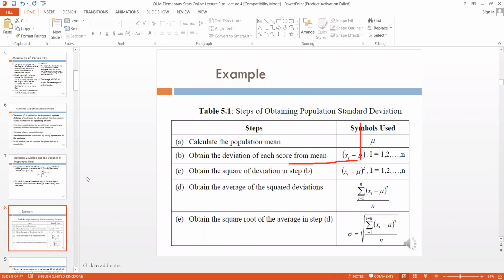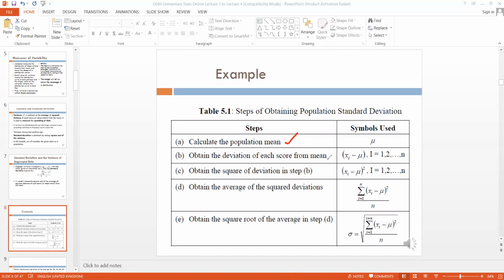So stepwise, computation of your variance or your standard deviation is as follows. This is just a summary. First, you find the population mean, which is mu. We did that in the previous tutorial.